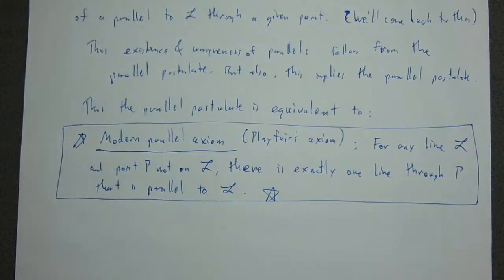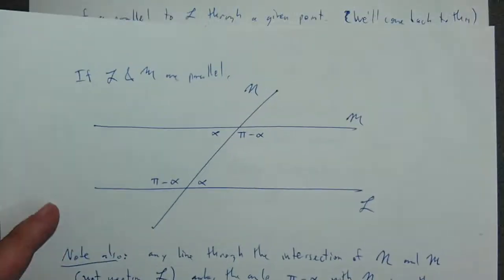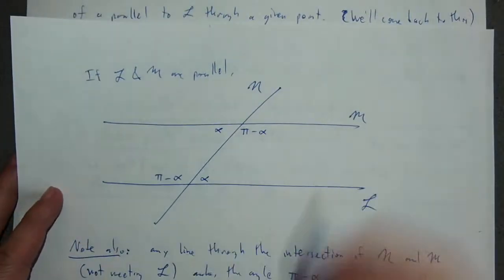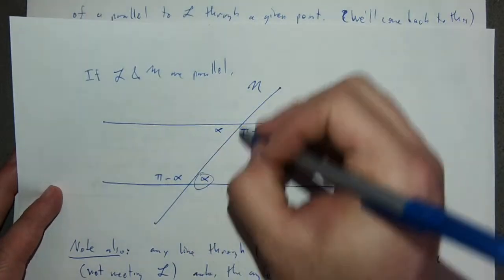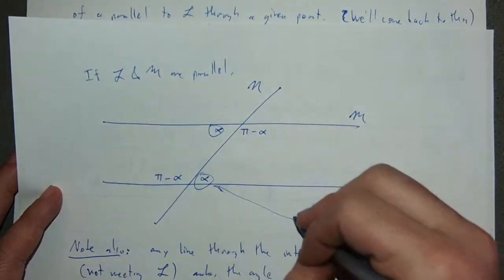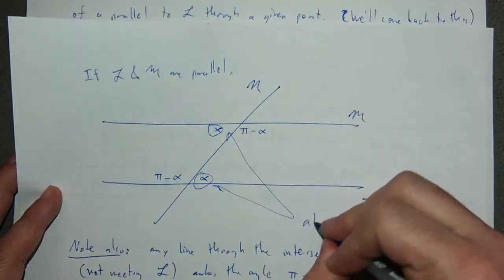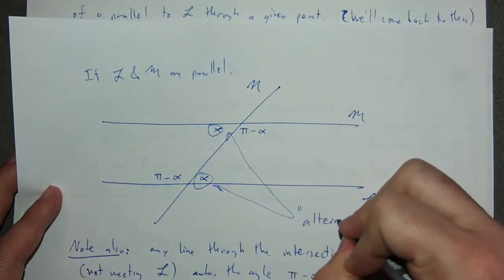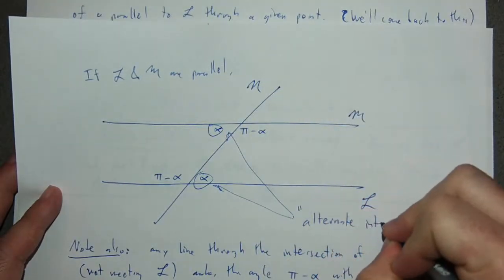So the other thing that I want to note, going back to this picture: when you are in the parallel configuration here, we call these angles alternate interior angles.